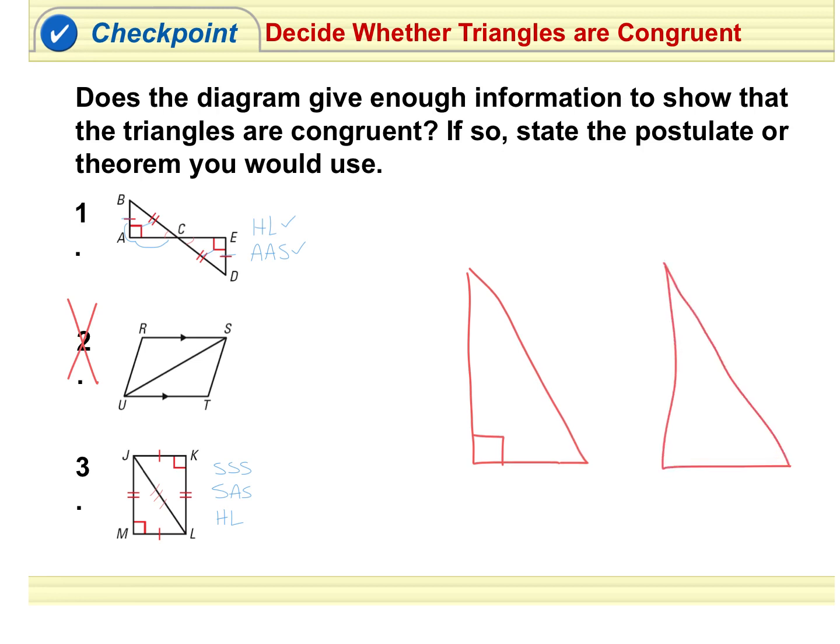If I had a right triangle and it only told me that these were the same, would that be hypotenuse leg? No, there's not. It doesn't tell me the hypotenuses are congruent. It has to tell you they're congruent. So here, this would not be hypotenuse leg because we don't know anything about the hypotenuse.